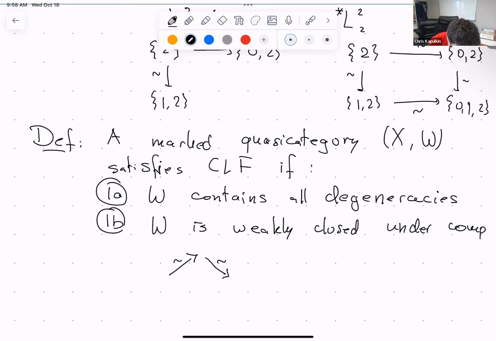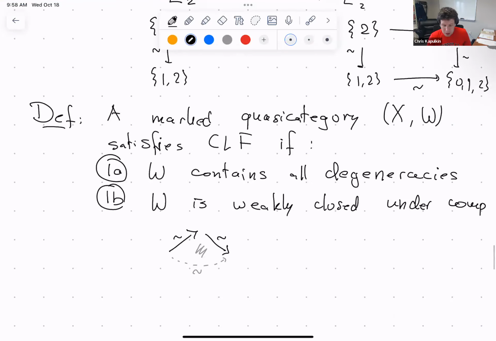And what I'm saying is that there will exist some composite that is a weak equivalence. So it's not necessarily the case that any filler for this inner horn will give me a weak equivalence, but it is the case that there will be some that will yield a weak equivalence.